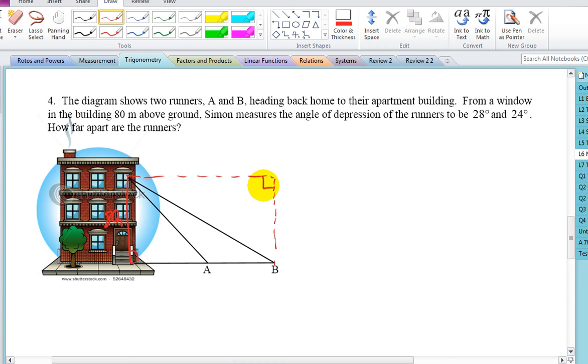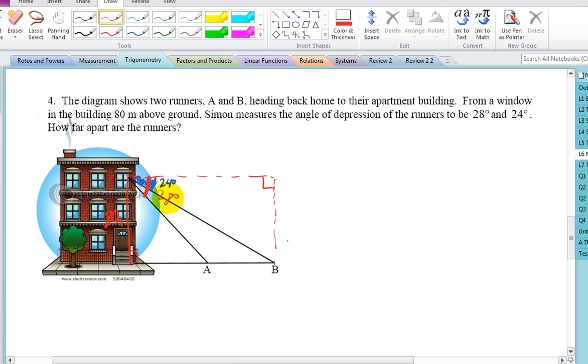But what you have to keep in mind is that this is 24 degrees and the bigger angle, which is wider, is 28 degrees. So 24, let me do that in blue. 24 is just the top angle, and everything in red is 28. Okay. Bigger numbers will be bigger angles, so keep that in mind.